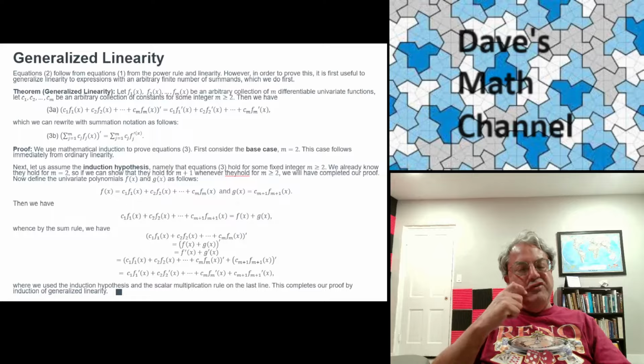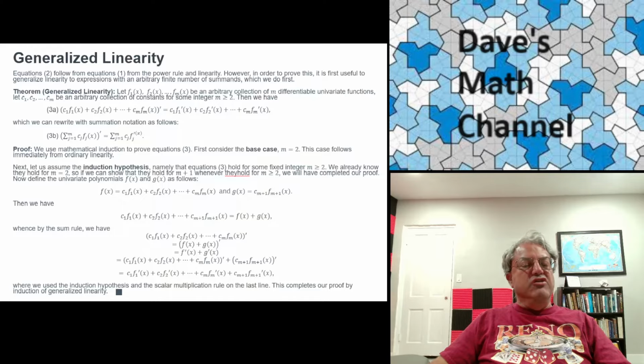But now we want to prove it for bigger m as well. So the way we do that is we assume that it holds for some m. And we already know it holds for m equals 2. Then if we can prove that whenever it holds for some positive integer m greater than or equal to 2, it also holds for m plus 1, then we will have proved that it holds for every positive integer m.